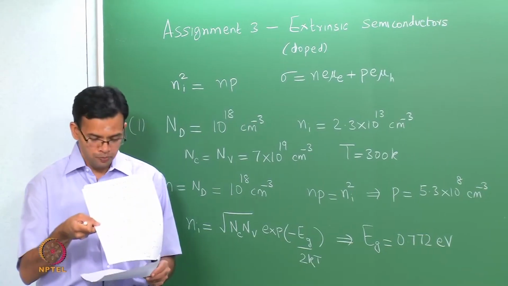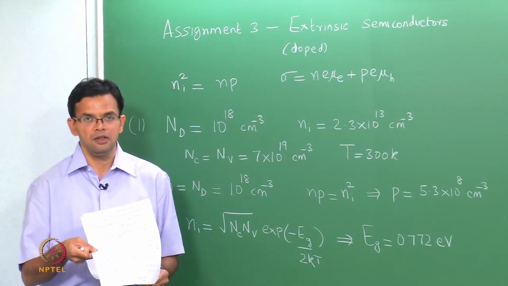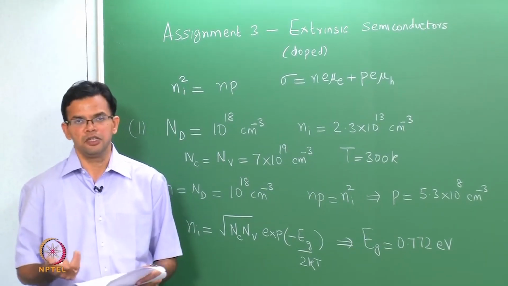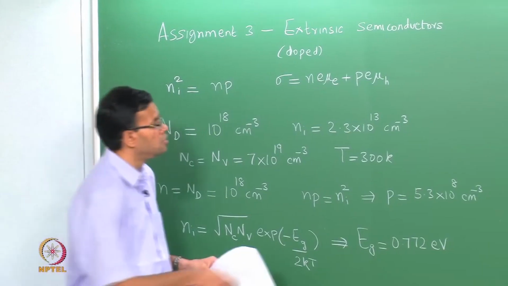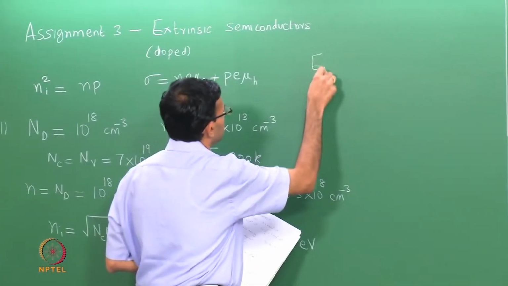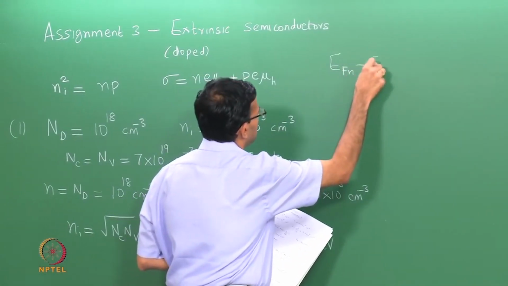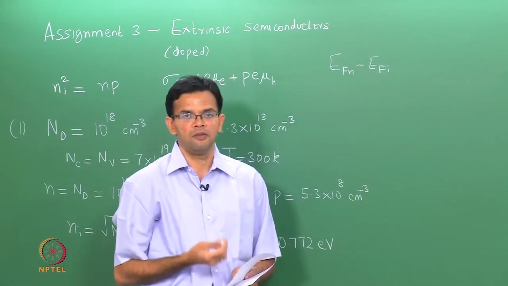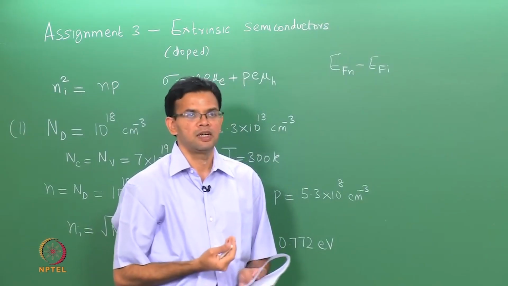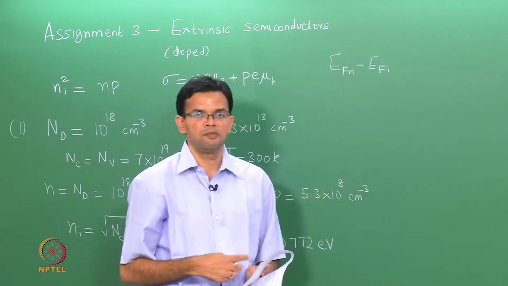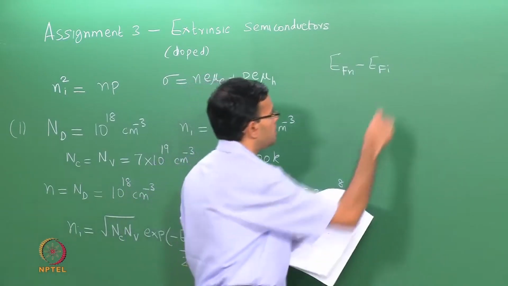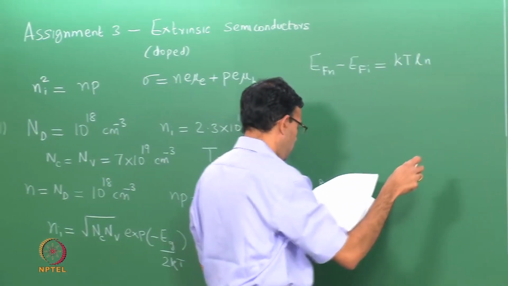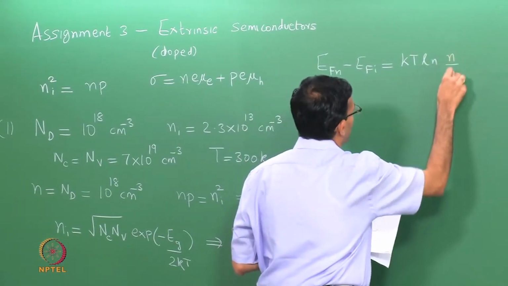Then we want to know the position of the Fermi level in the doped semiconductor with respect to the intrinsic Fermi level. So, E_FN minus E_FI. E_FN is the position of the Fermi level in the n type semiconductor, E_FI is the position in the intrinsic semiconductor, and the difference is nothing but kT ln of n over ni.